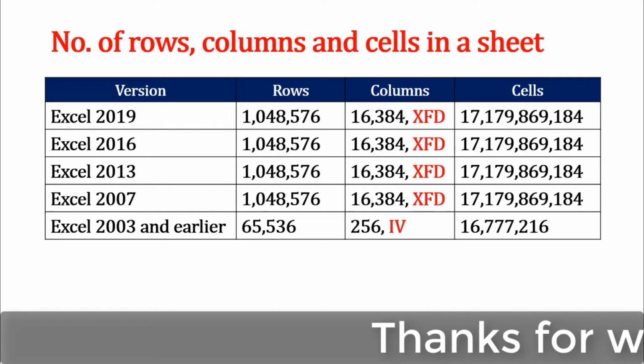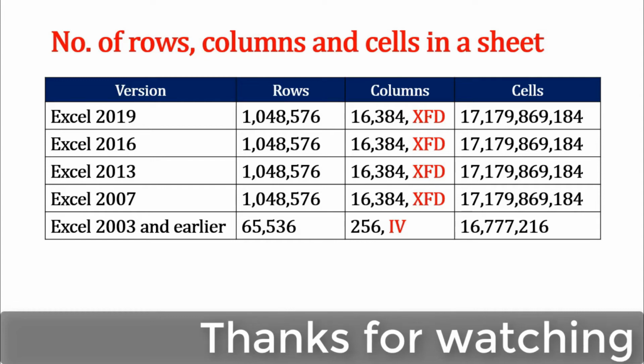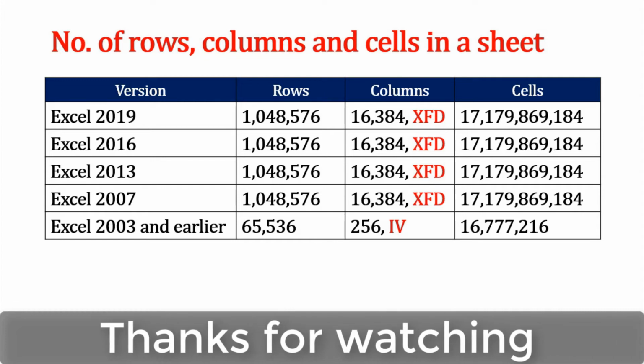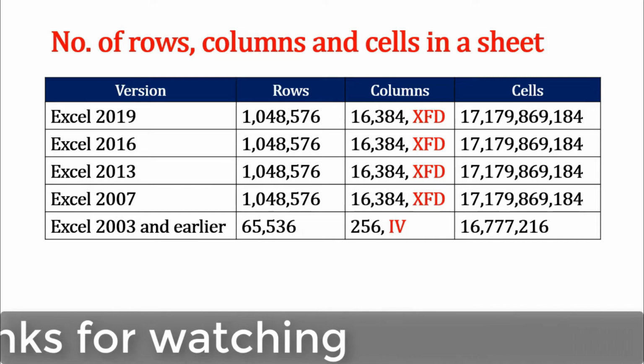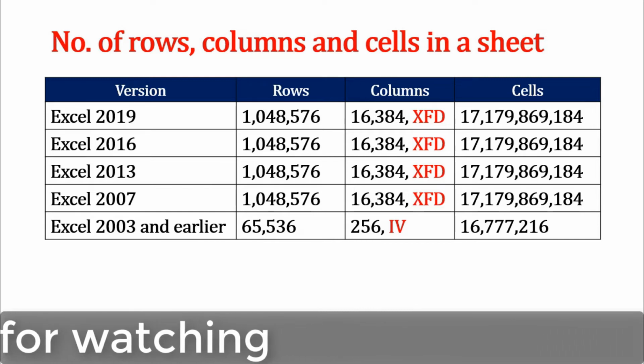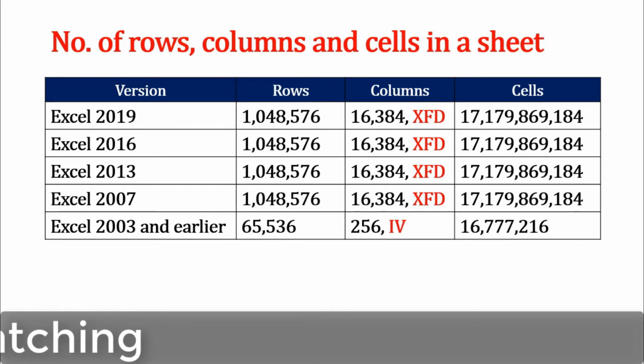And in Excel 2007 and later versions, the number of rows is 1,048,576 and the number of columns is 16,384 and the name of the last column is XFD, and total number of cells is more than 17 billion.